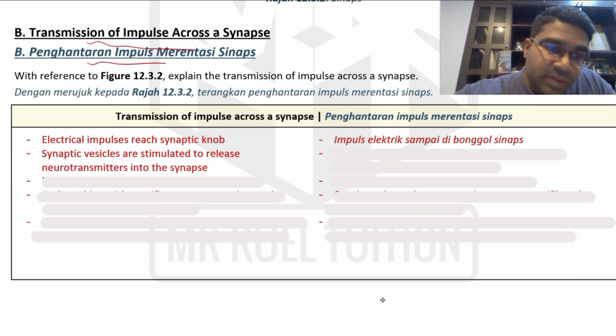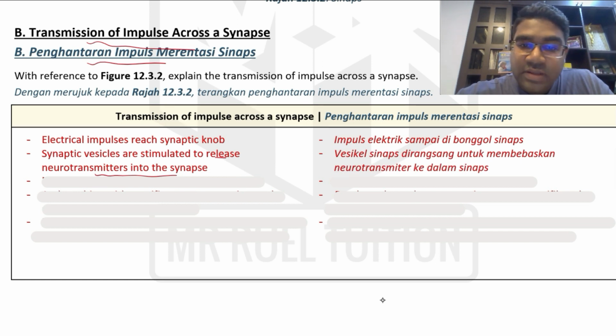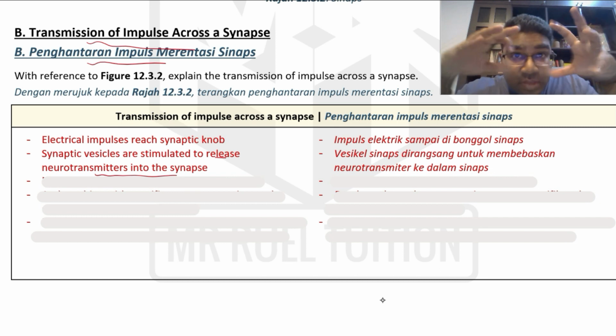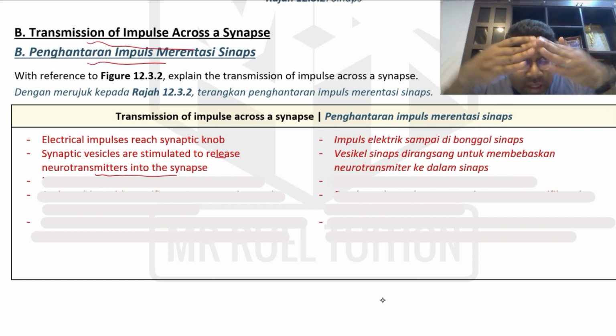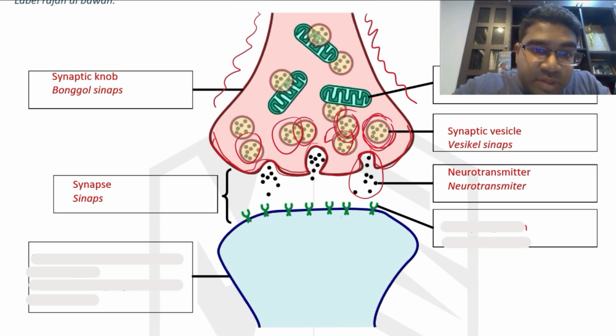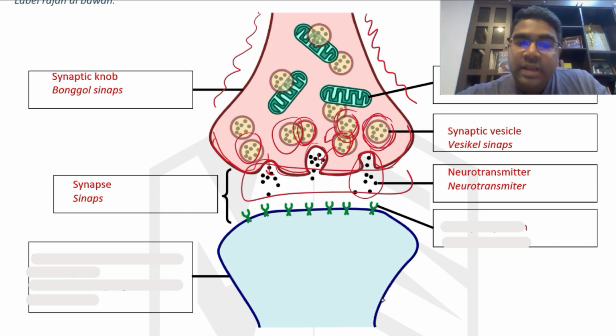So first, synaptic vesicles will release the neurotransmitters into the synapse. Vesicle synapse dirangsang untuk membebaskan neurotransmitter ke dalam synapse selepas dia bergabung lah. After it fuses, then it will release the neurotransmitter. So neurotransmitter semua yang berada dalam vesicle synapse ini dia akan keluar. Everything comes out. Okay. So now all the neurotransmitter is in the synapse.